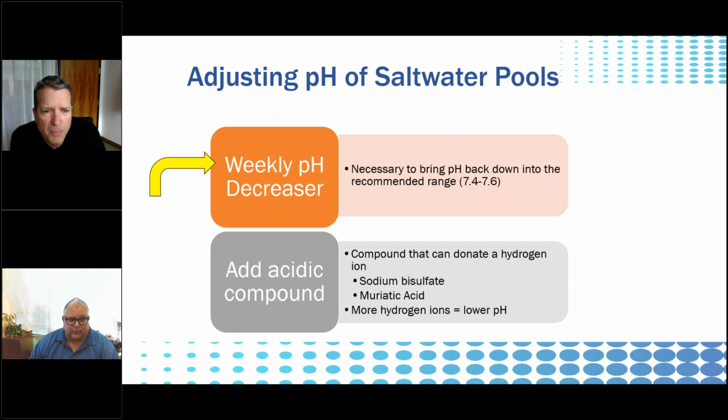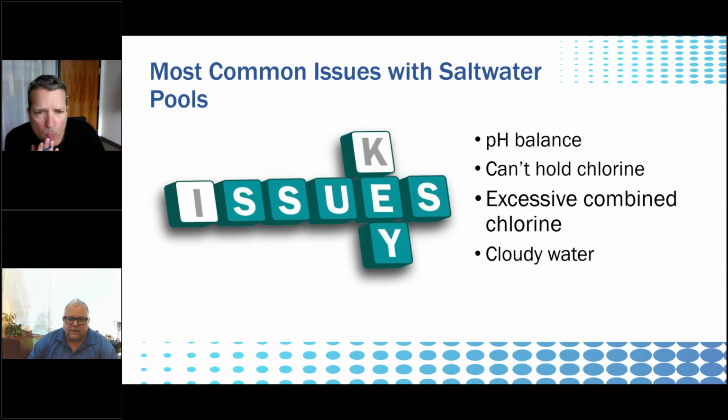Because at those higher pH levels, that 10 parts per million of chlorine is not all active, and very little of it is actually active and doing the job that it's supposed to do. So that's one of the biggest challenges we find in saltwater pools that we have to manage and adjust for, so that the water can stay clean and clear and comfortable for swimming.